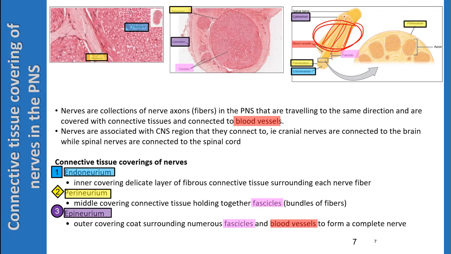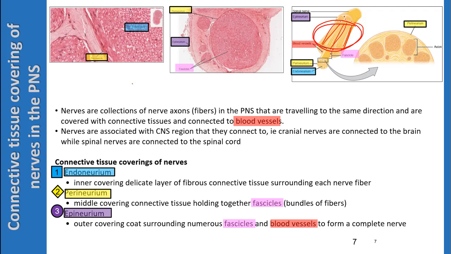And when you have bundles of things, you have protective connective tissue coverings around these bundles, right? Again, in similar style to the coverings around muscle fibers of skeletal muscles, peripheral nerve axons have a similar organization to their connective tissue coverings.